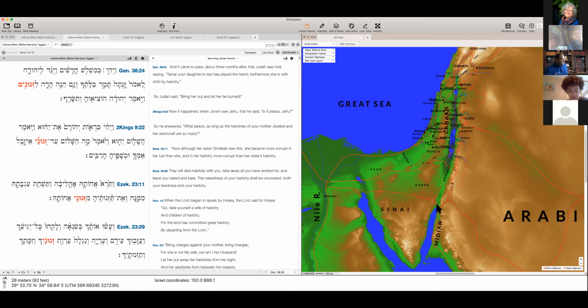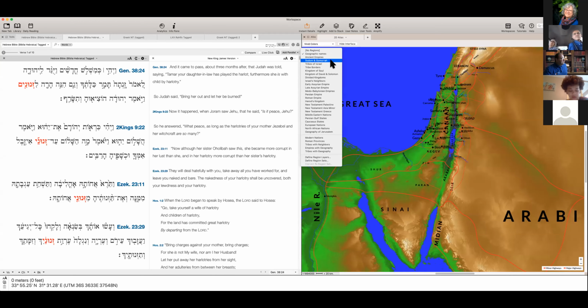It says through Mount Seir. See Seir here? That is currently, just a second, let me show another layer.